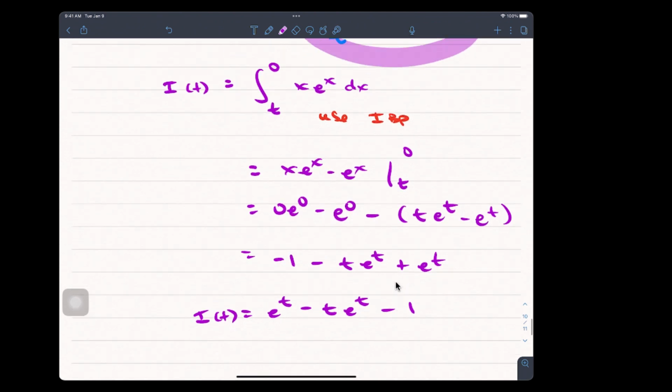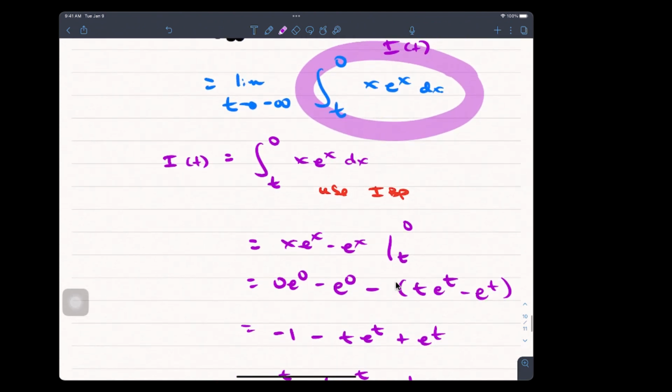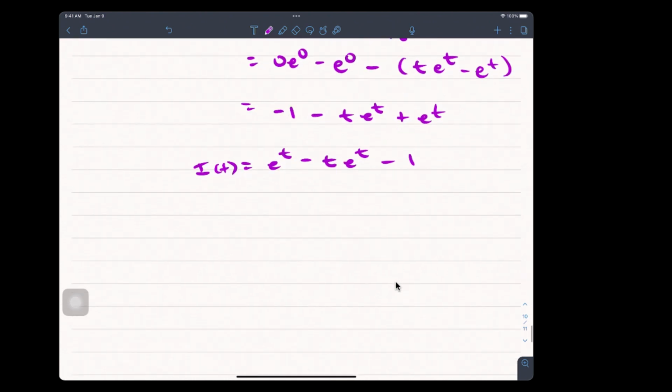So what do you have to do with this integral? You have to now take the limit. T goes to minus infinity.